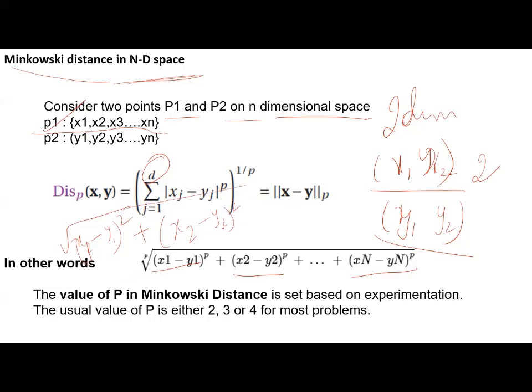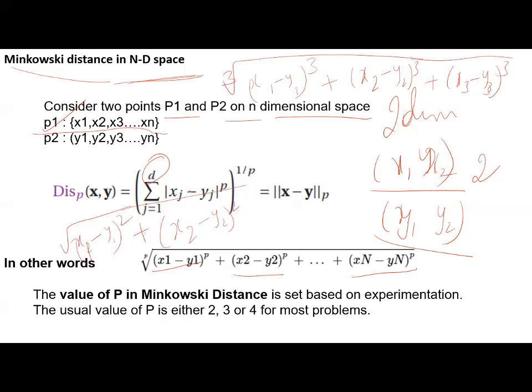If it is a three-dimensional space, we write the cube root of x1 minus y1 whole cube plus x2 minus y2 whole cube plus x3 minus y3 whole cube. This is how it is.